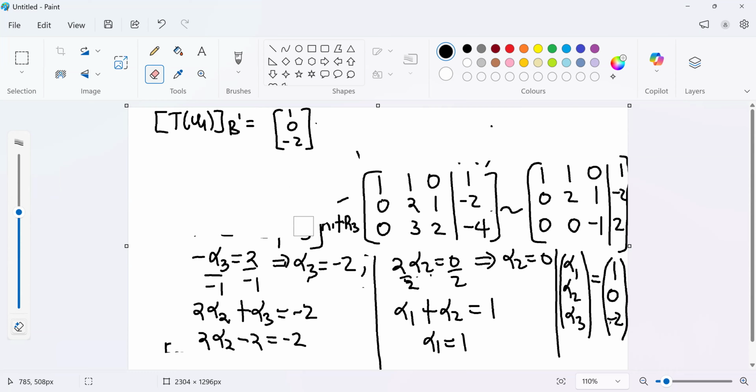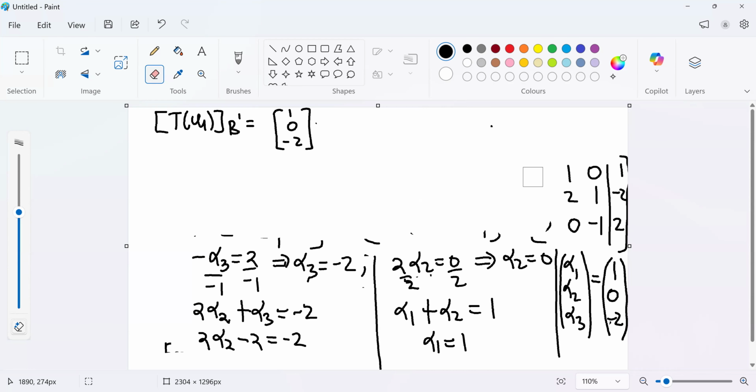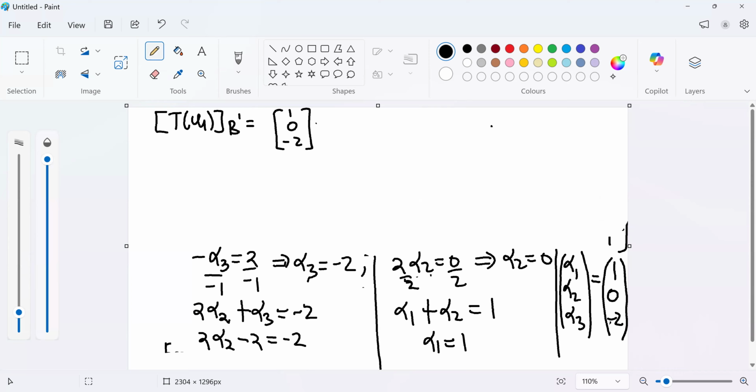I find alpha 1, alpha 2, the way it has been shown. So TU2 is equal to alpha 1 V1 plus alpha 2 V2 plus alpha 3 V3. This implies that what is TU2?